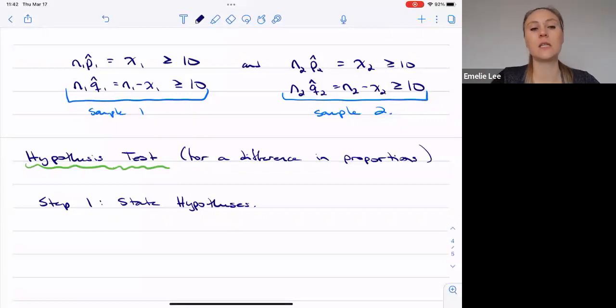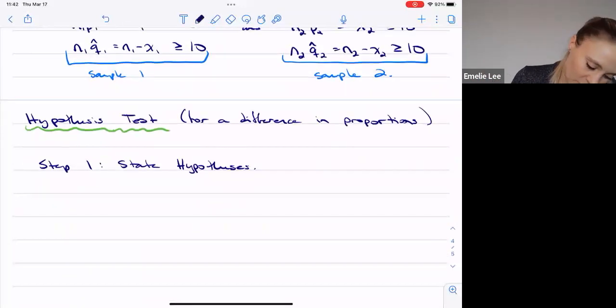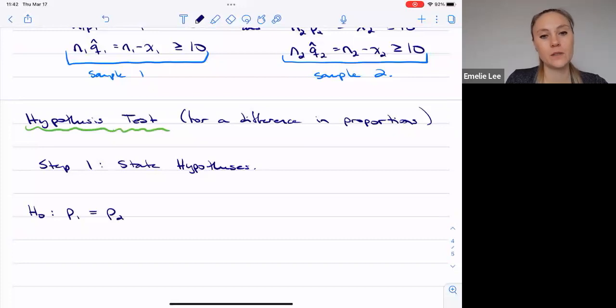We do the same thing here. If we're interested in whether there is a difference in the proportions, the first thing you have to do is assume that they are the same, until you have proof otherwise. So I like to write my null hypothesis like this: P1 is equal to P2.